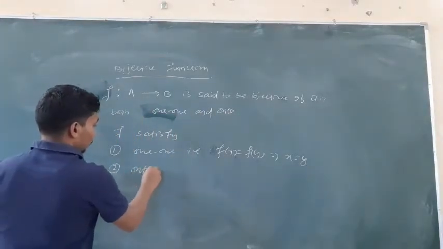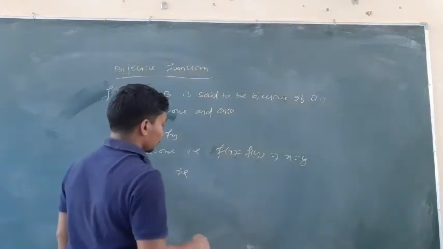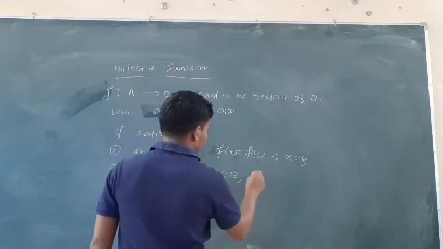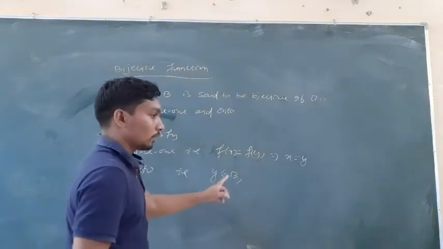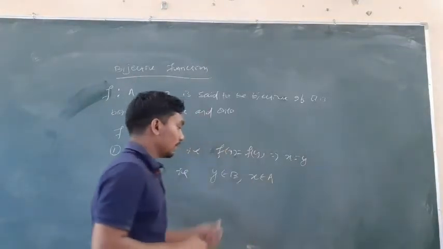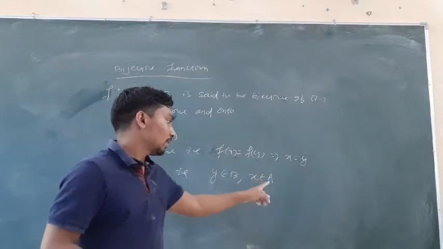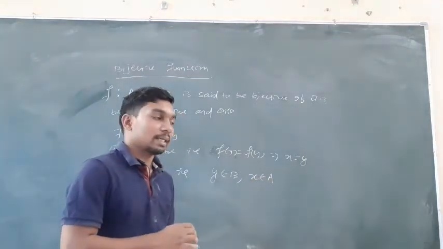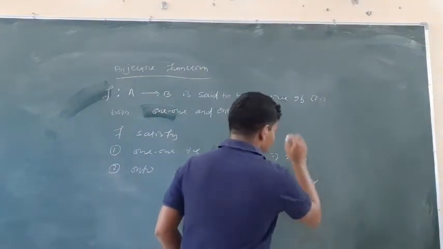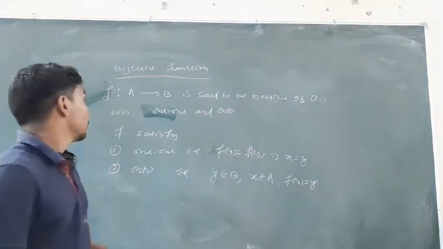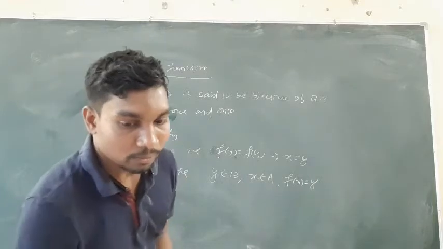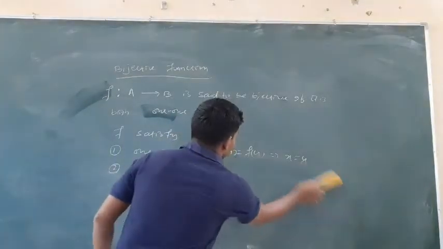Similarly, onto: for each and every y belongs to B there exists x belongs to set A such that f of x is equal to y. Then the function is called a bijective function. Now let us see an example of how to test whether a function is bijective or not.